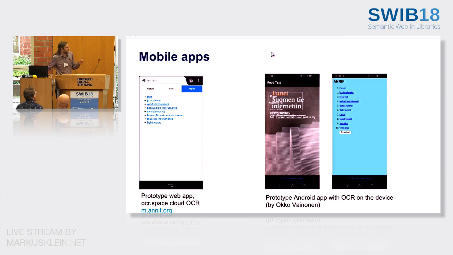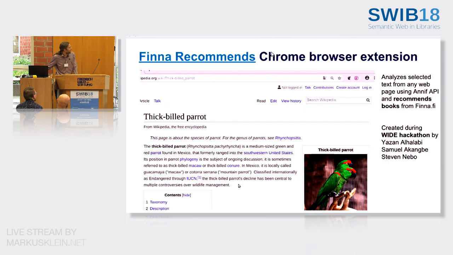And then another one was created more recently by my colleague, which is an Android native app which does the OCR on the device itself. So it's much faster than the cloud service. You can just scan a document, and within seconds you will have the suggestions for what it's about.